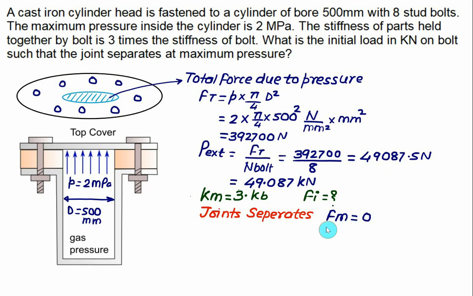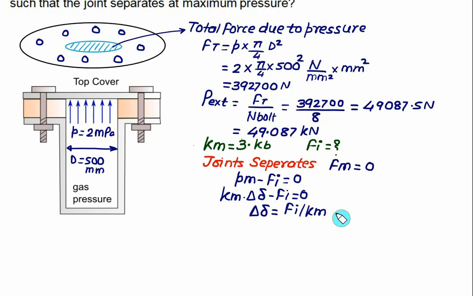Fm is the same as Pm minus the initial preload Fi, which must equal 0. Pm we can write as Km multiplied by delta minus initial load Fi equal to 0. We can find the value of delta in terms of Fi and Km. So delta is Fi divided by Km. Let's say delta equal to Fi by Km is equation number 1.